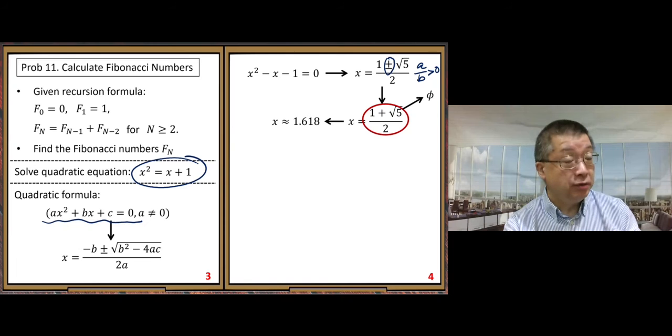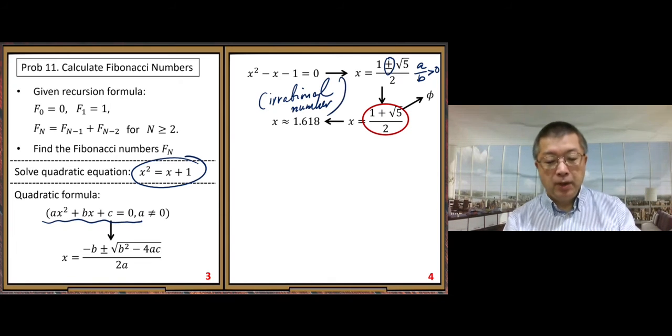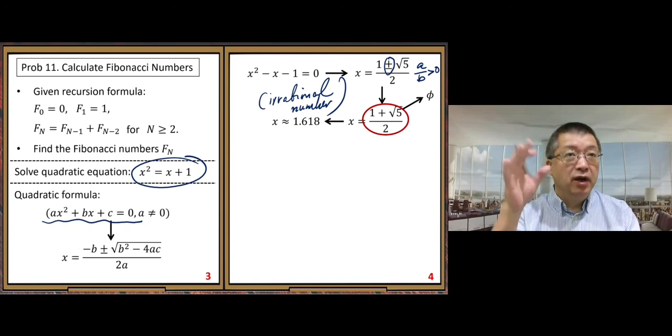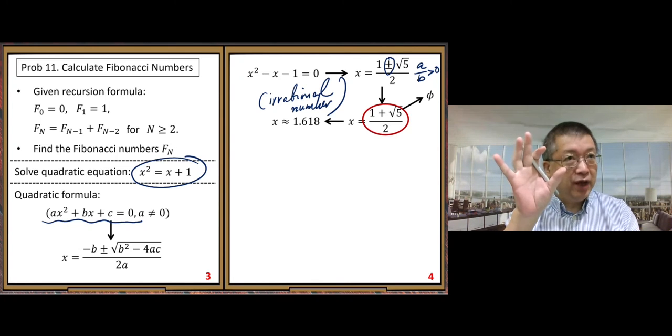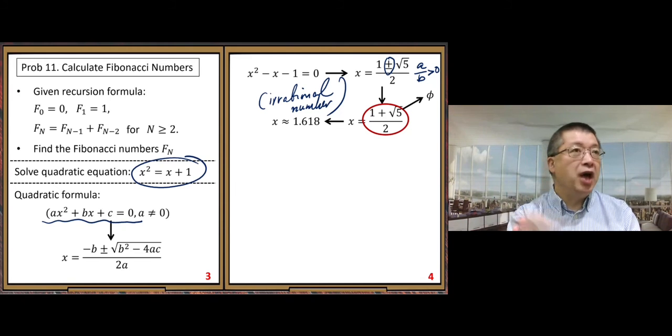You know the meaning of irrational number, right? Irrational number, so not a rational number. You know rational number, right? A rational number can be represented as a fraction: integer numerator over a non-zero integer denominator.